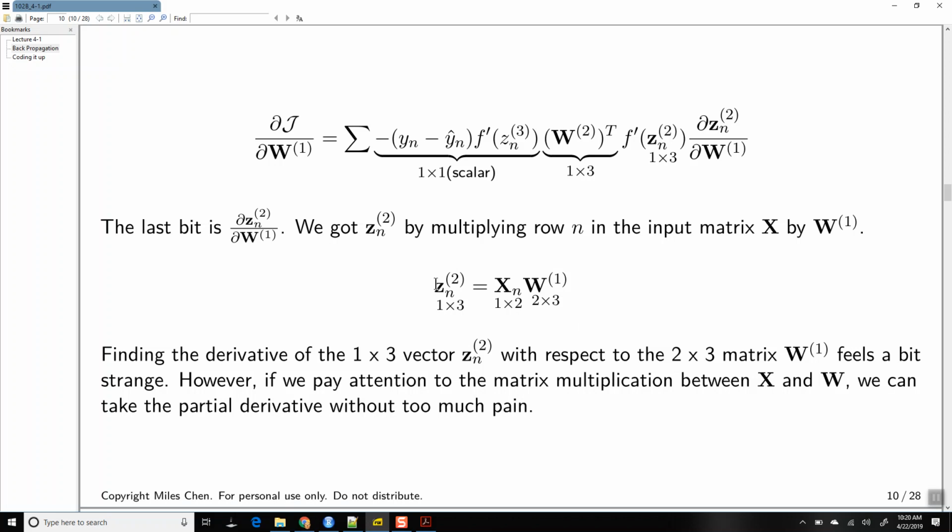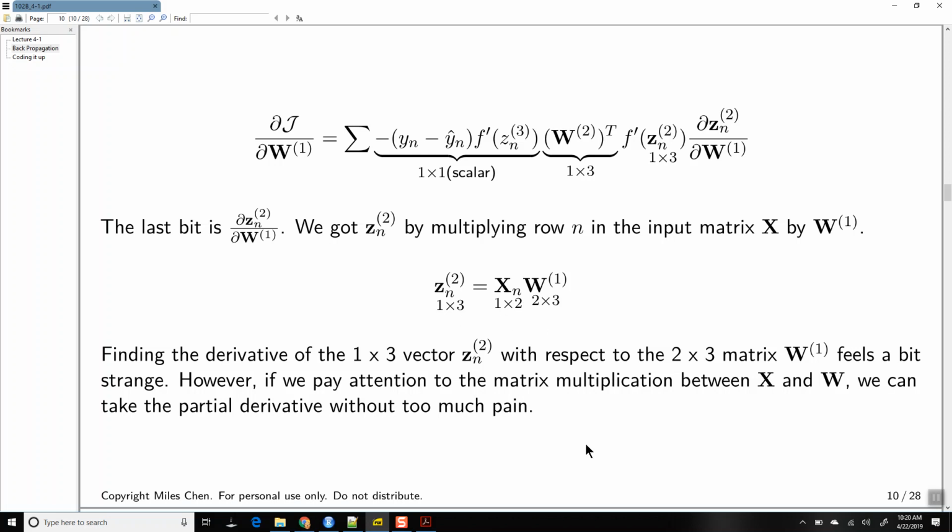When we take the partial of Z with respect to W, we're going to get a vector that's 1 by 2, because in order for this to line up, if something multiplied by a 2 by 3 makes a 1 by 3, it has to be a 1 by 2. So if I take the partial of Zn with respect to W1, it's going to result in a 1 by 2 vector.